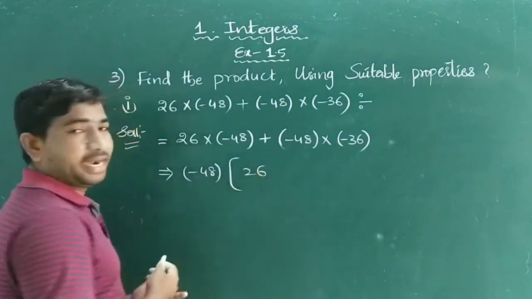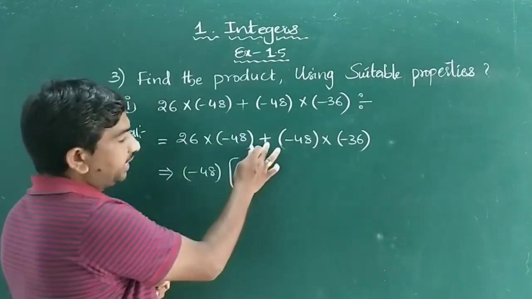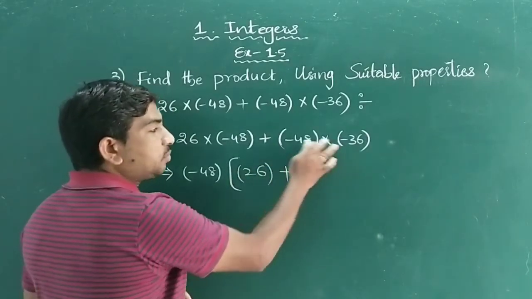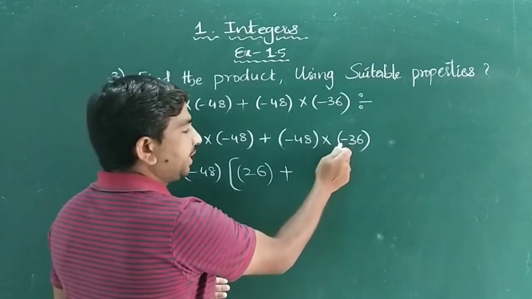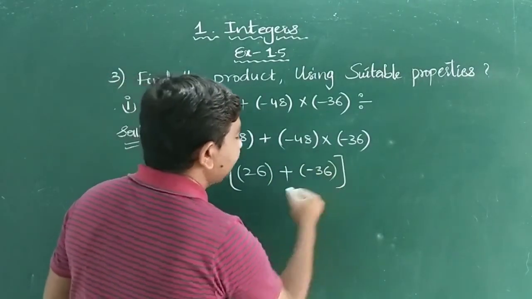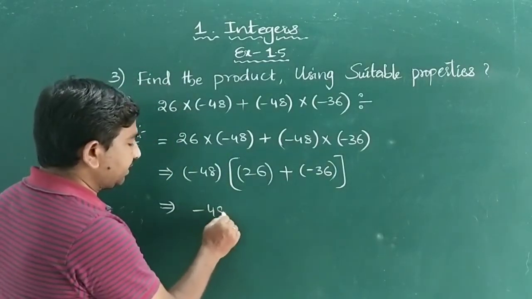So I write minus 48 into 26, and then plus. 26 is completed, and in the next product also minus 48 is taken common, and then the remaining number is minus 36. So minus 48 as common.